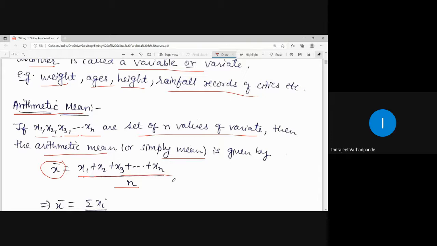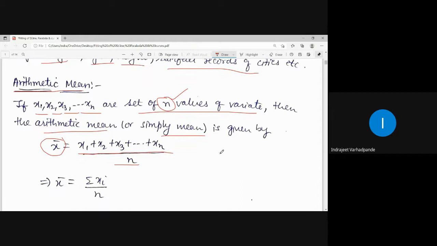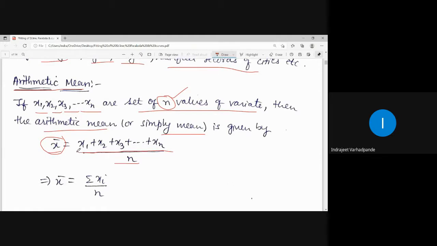Suppose I have the observations x1, x2, x3 up to xn. N number of values are given. So simply, the mean, also called the arithmetic mean, is defined as x bar, which is the sum of all the observations upon the total number of observations.